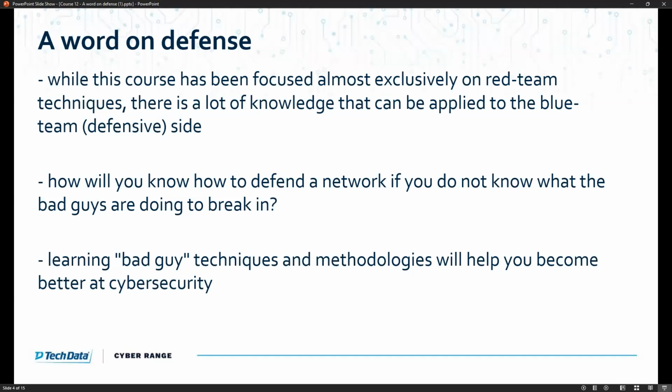If you know the tactics, techniques, and procedures that the, big air quotes, bad guys are using against your organization or against you as a defender, you're going to be better able to defend yourselves and the organizations that you're protecting. If you don't know what the bad guys are doing and how they're breaking in, how will you defend a network? So learning, quote unquote, bad guy techniques and methodologies will always help you become better at cybersecurity.